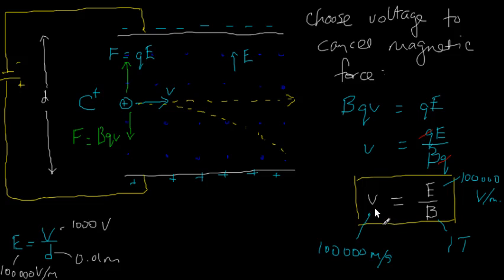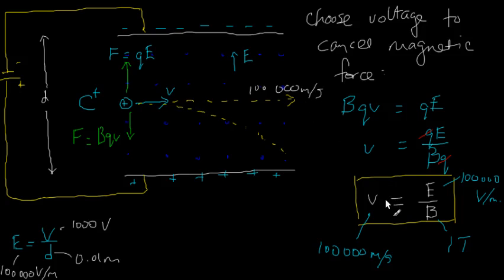Well, it means that if I have, say, a smaller velocity, let's say that's my V down here, and that's 100,000 meters per second. I choose my E with these values, so that only the 100,000 meters per second particles can go through.